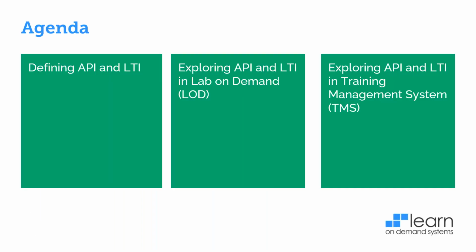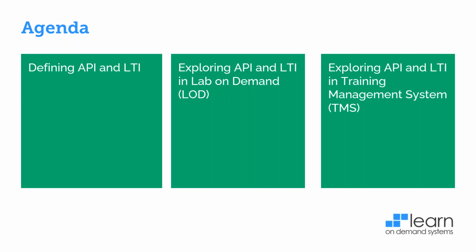Now, we're going to take a quick look at what API and LTI mean, and then we're going to talk about how API and LTI work with Lab on Demand, which gives you access to your lab content.